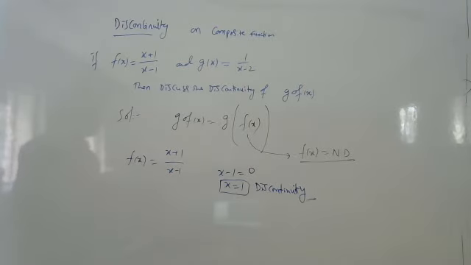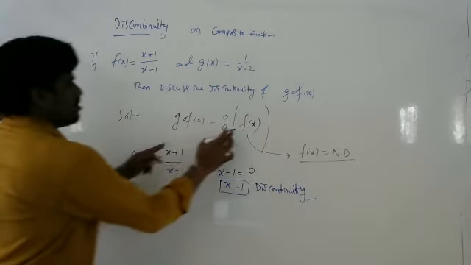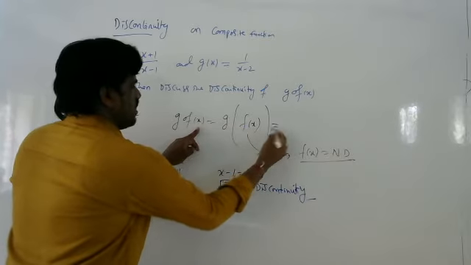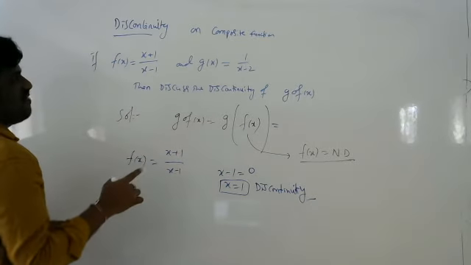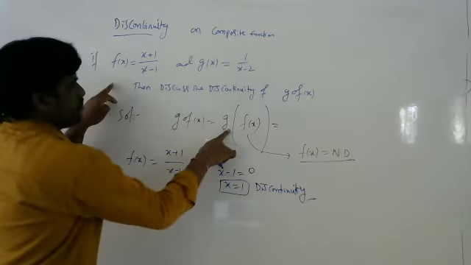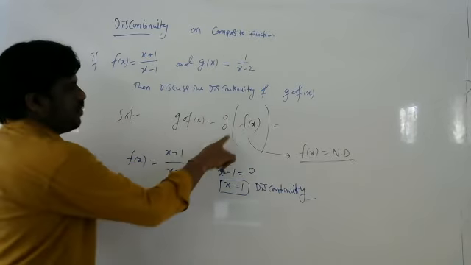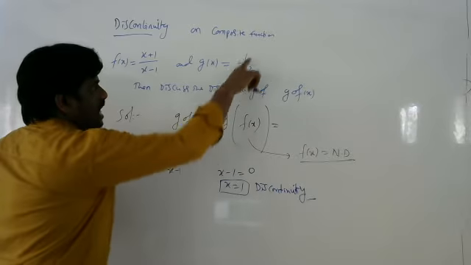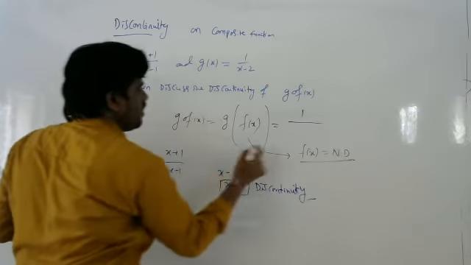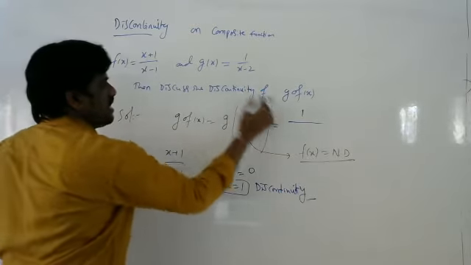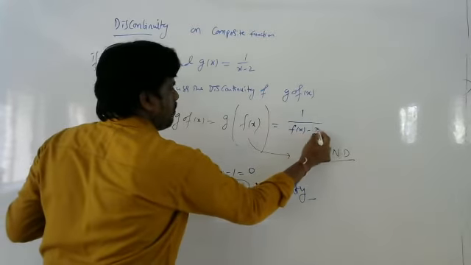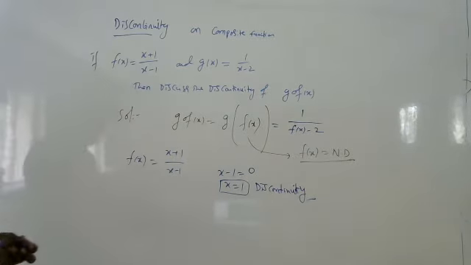Again, where will it be discontinuous? Now substitute f of x into g. g circle f of x is 1 upon (f of x minus 2). Did you understand what I wrote?